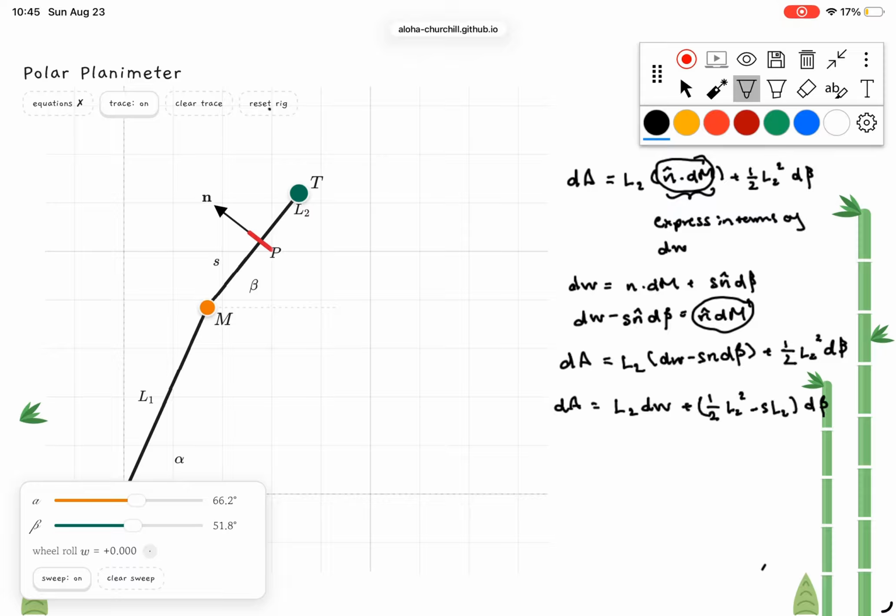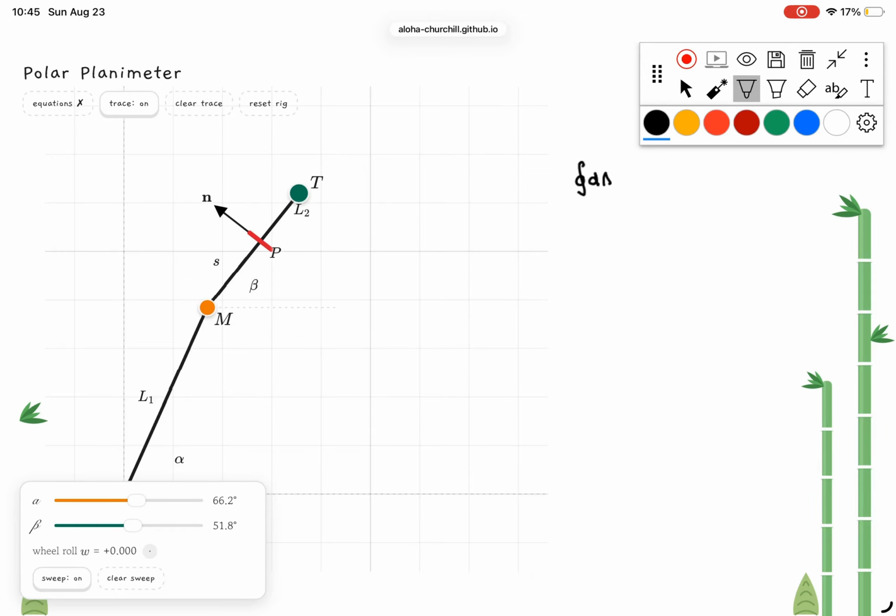Then to get the total area, we have to add up all of those infinitesimal bits of area as the tracer goes along the closed curve. So simplifying, we get these two integral terms. First, L2 times the closed curve integral of dW plus this term times the closed curve integral of d beta.